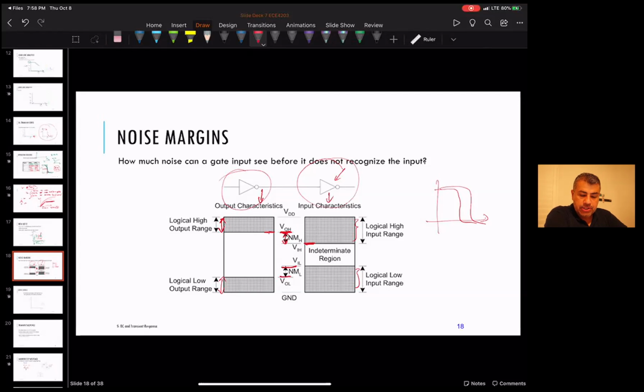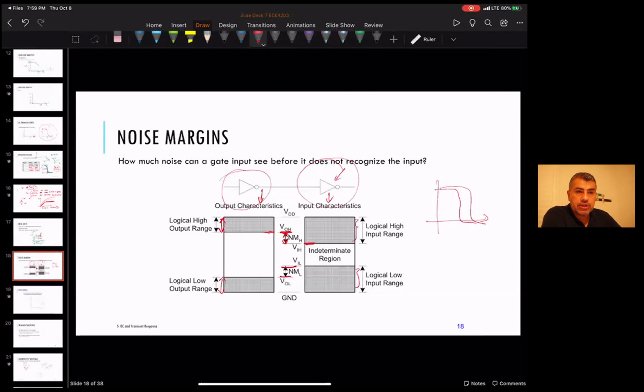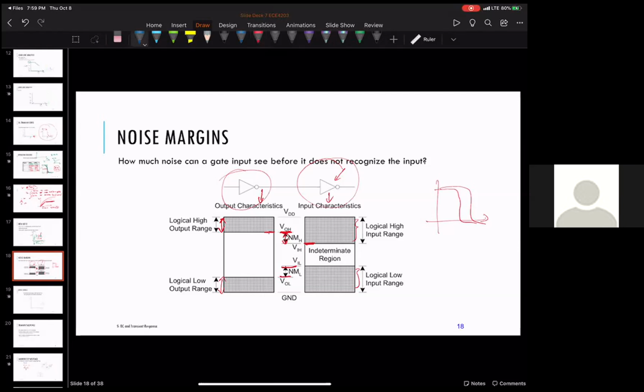And also we're defining that on that other slide. This one? Can you hear me? Yeah, I can hear you, Tim. Oh, okay. So on that slide, the indeterminate region, do you want that to be as big as possible, or as small as possible? You want it to be as small as possible. You want the input high to kiss up right against the input low. So ideally, you'd want it to be here.